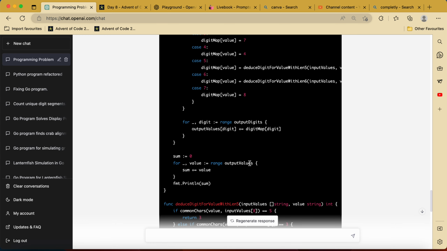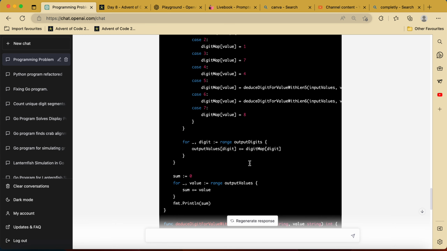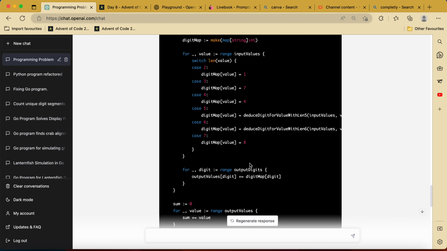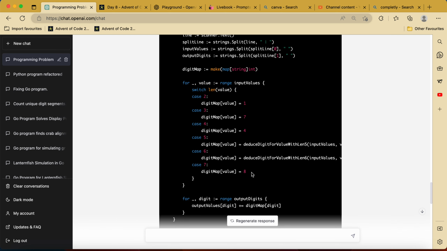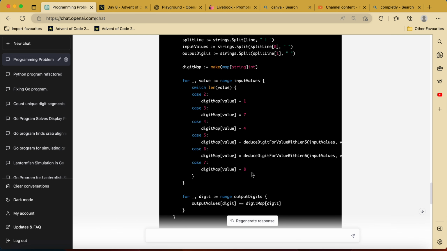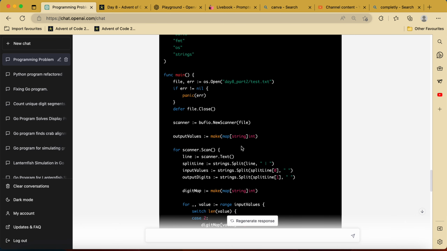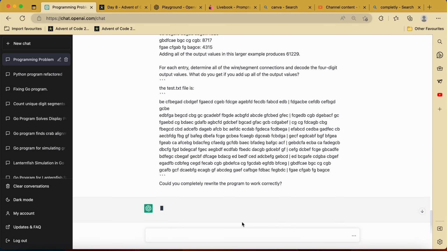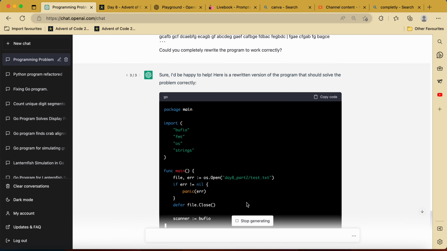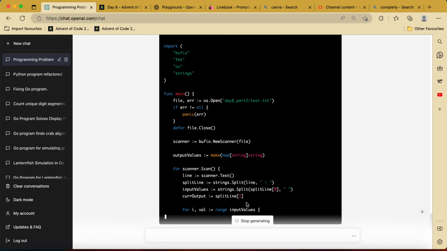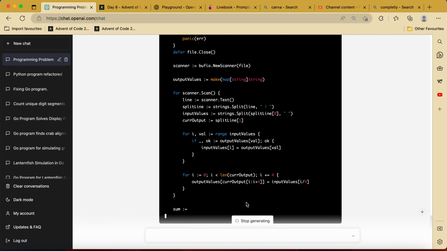Output values. From where is output values? Like output digits. Okay, that's look. You're quite wrong.